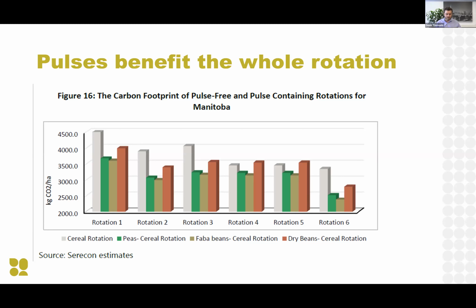That's just because you're replacing a crop in the rotation and supplanting it with a crop that requires less nitrogen. And this is even true in the case of dry beans. Dry beans need some nitrogen, but a lot less than you would need for another crop in rotation. So there are advantages across the board when we include pulses in rotation when it comes to greenhouse gas emissions.